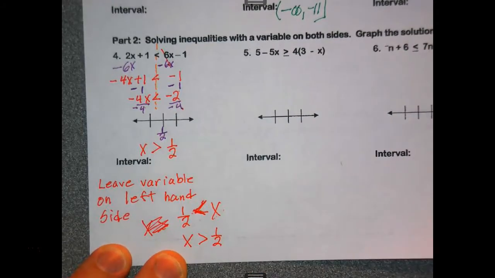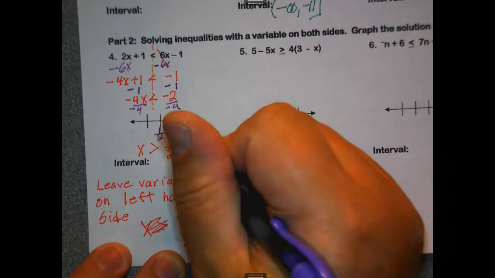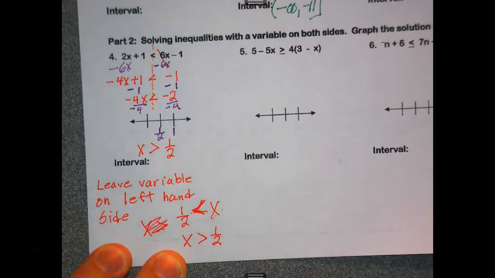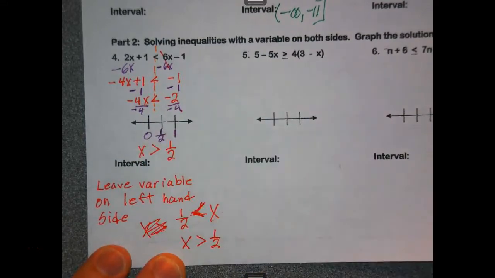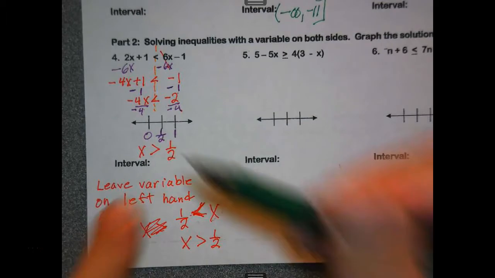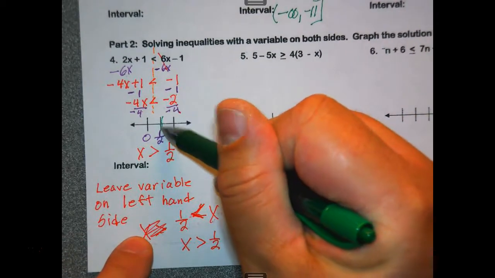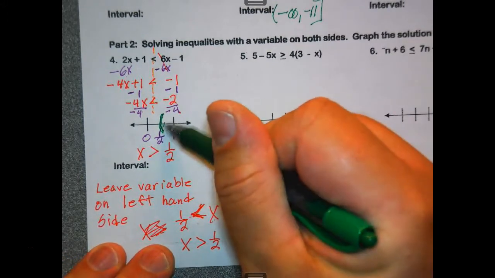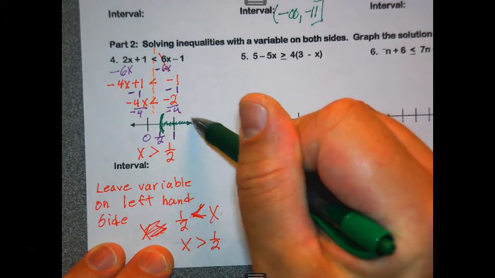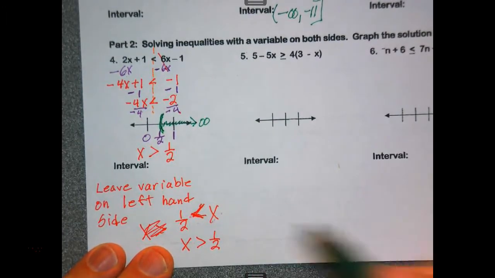I need a number larger than 1/2. 1 is bigger than a half. A number smaller than 1/2: 0 is smaller. Parenthesis at 1/2 because there's no equal sign. And I want all of those numbers greater than 1/2. And that's going to go out to positive infinity.